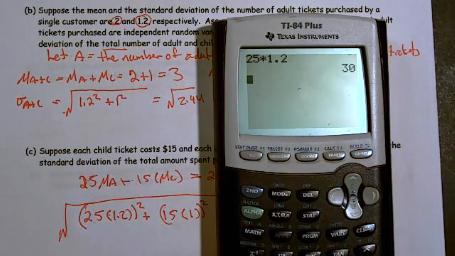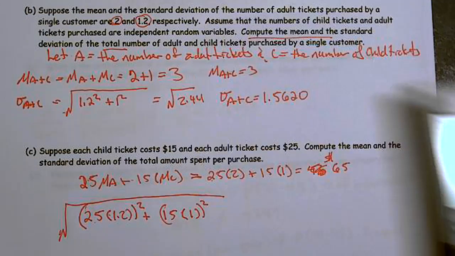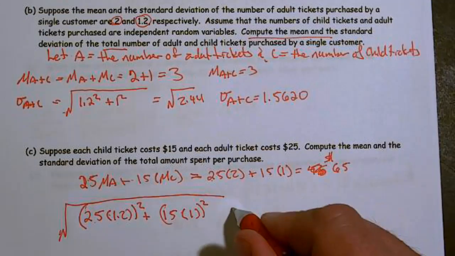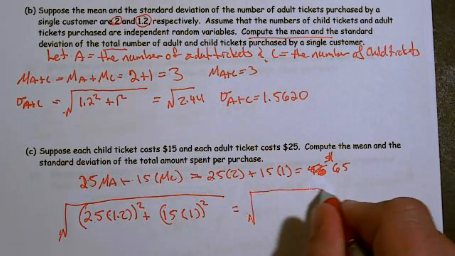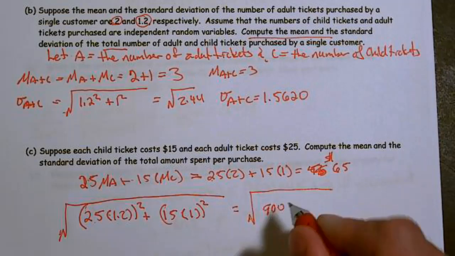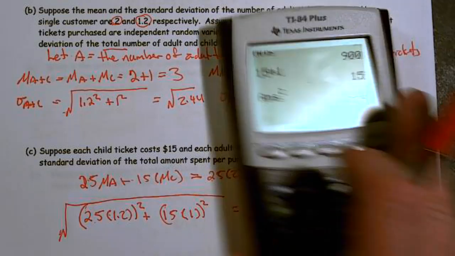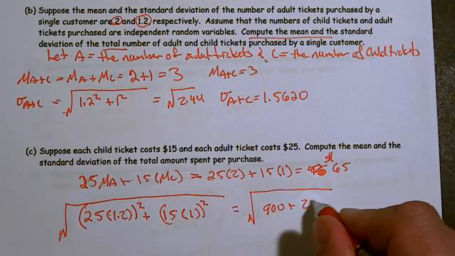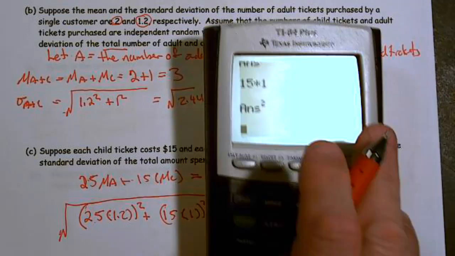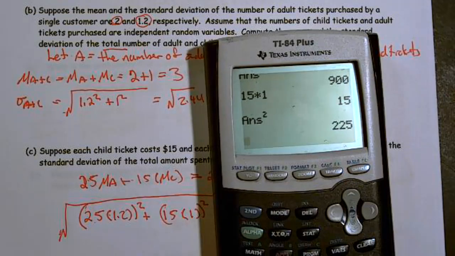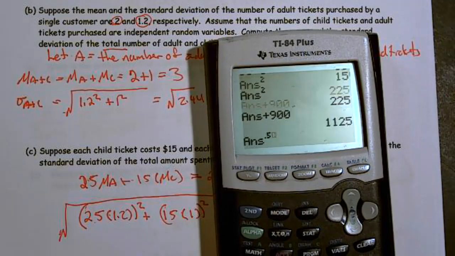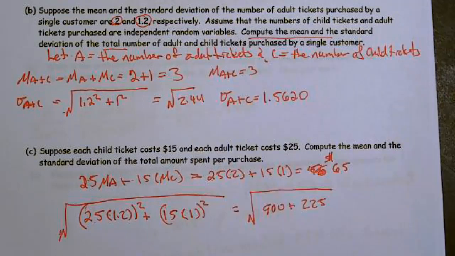I'm going to go ahead and square that: $900. Plus now we also have the 15 times the 1, and I'm going to square that. And we get 225. Plus the 900, and we'll take the square root of that. And we get 33.54.